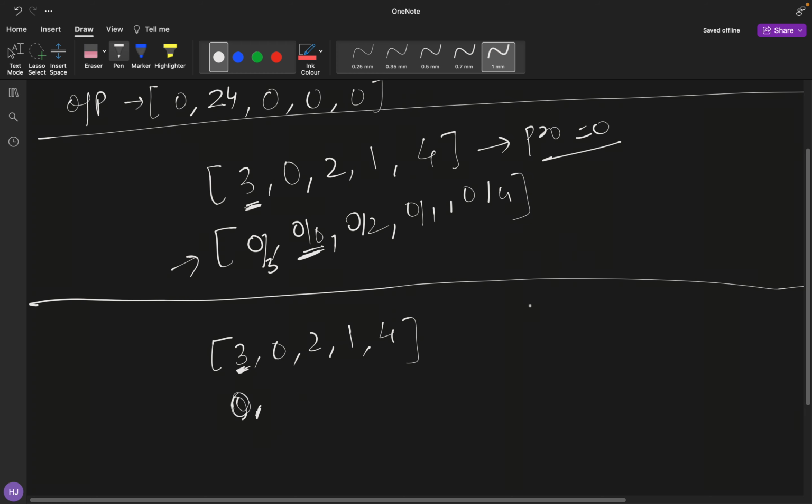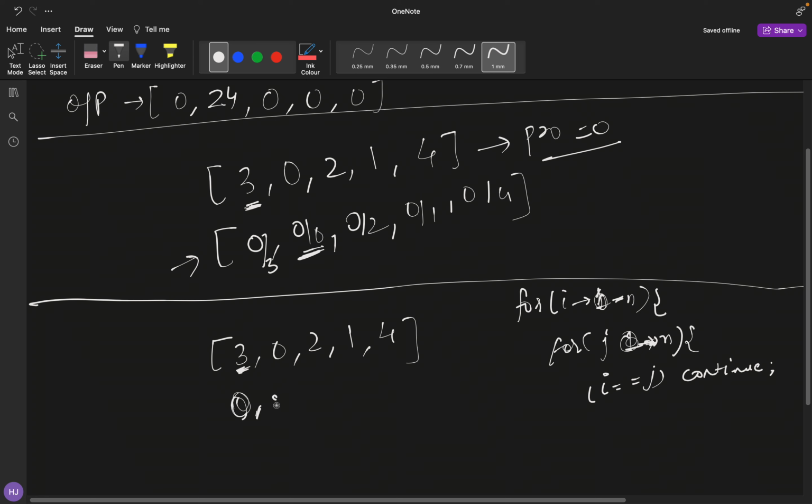I can use two for loops, one iterating from 0 to n, and another nested within it with j iterating from 0 to n, and in this, whenever i is equal to j, I'll simply continue, right? In this way I'll be able to find the product of all the elements except self.